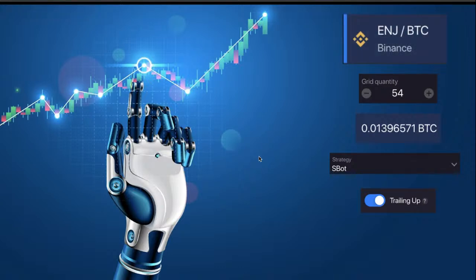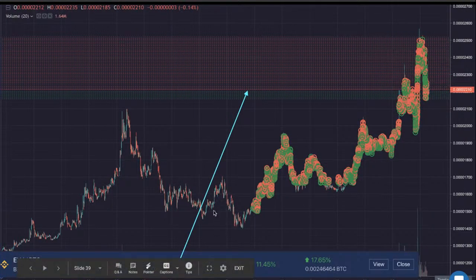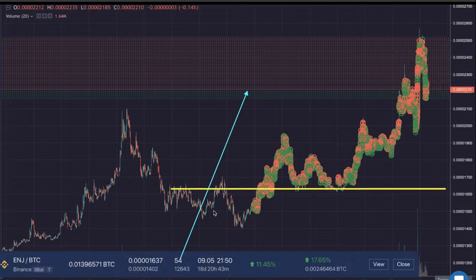Here's the example with NG trading to BTC. I have 54 grid levels, that investment value, and I'm using the SBot strategy with the trading up function on. So as I had my trading up function on, this allowed me to profit on this market surge.